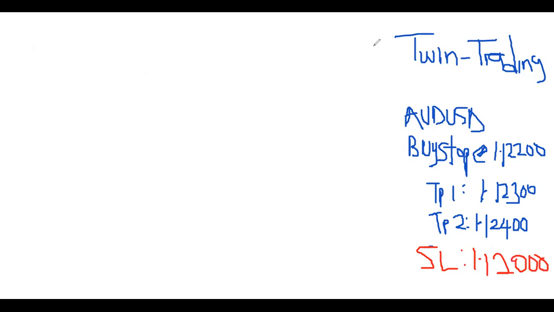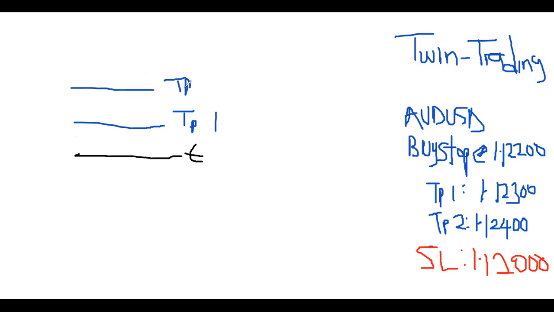So in this case, what do you think will happen? If I've placed a signal, this is exactly what will appear in my chart. Since I'm going on a buy entry point, TP1, TP2, stop loss.